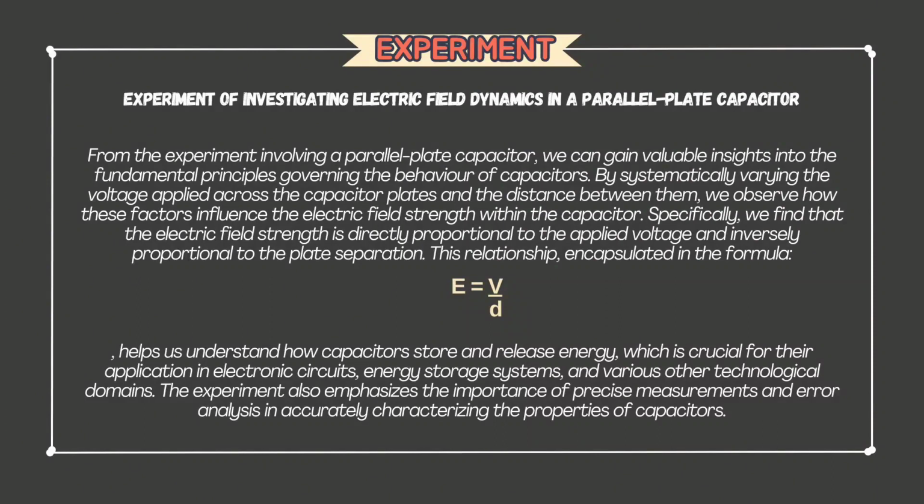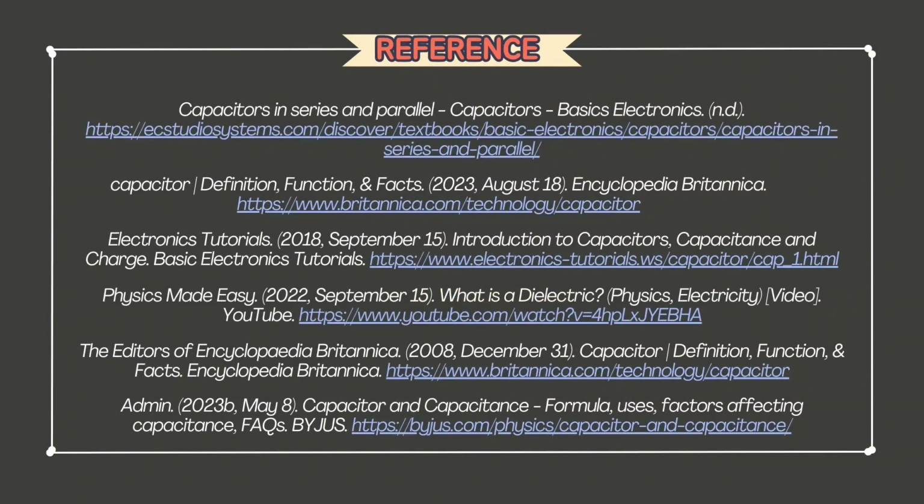Specifically, we can find that the electric field strength is directly proportional to the applied voltage and inversely proportional to the plate separation. This has shown that the formula E equals V over D has been proved in our experiment. There are 6 references that we used to complete this video.